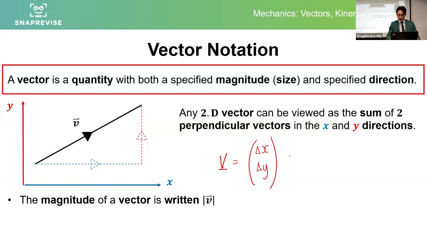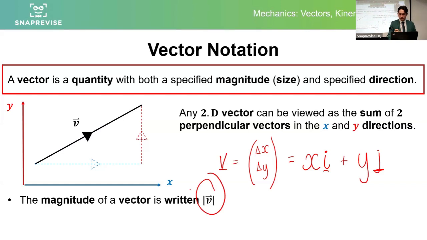The other way is to write it in the IJ notation, which is going to be really important for this part of the course. In IJ notation, i is the unit vector for the x direction and j is the unit vector for the y direction.